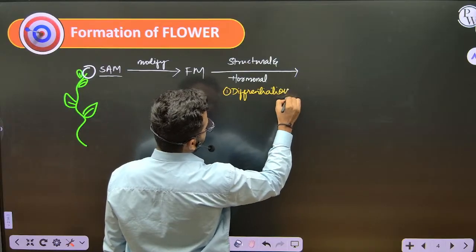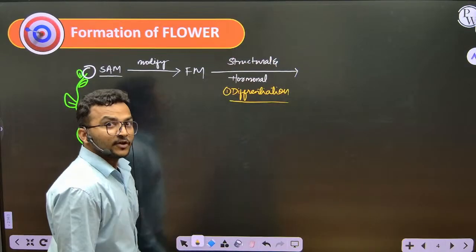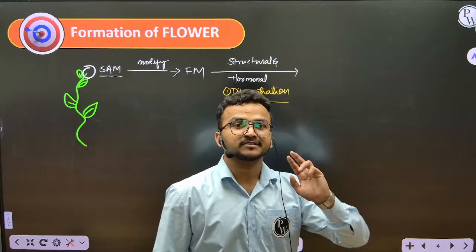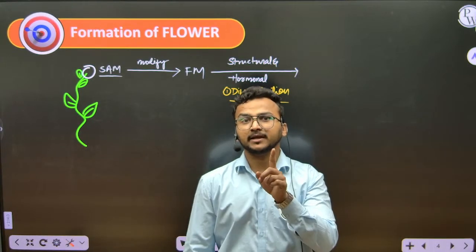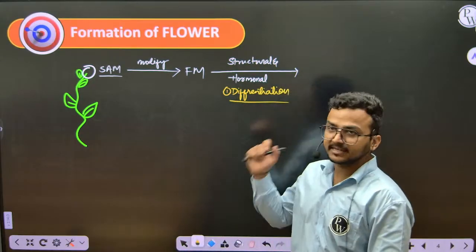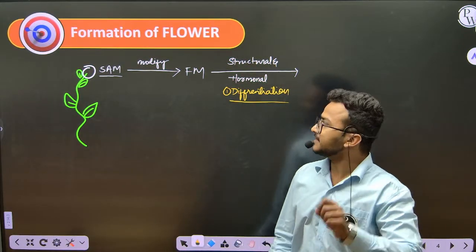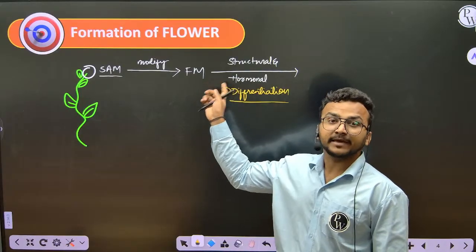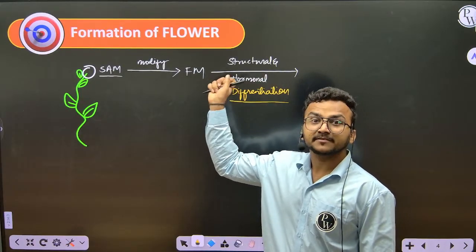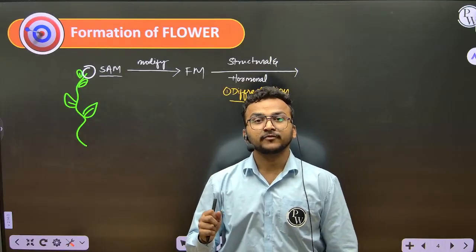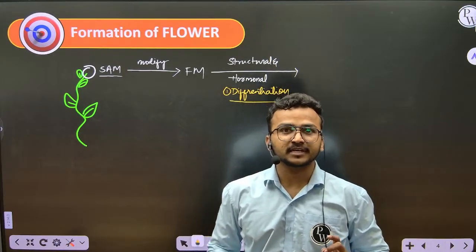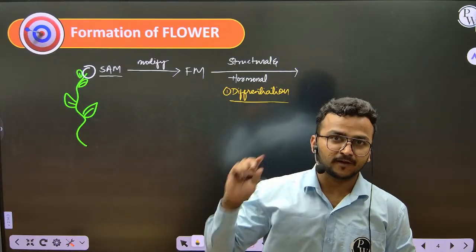So differentiation means what? You already know about these things because in 11th standard, in the plant growth and development topic, you learned about differentiation. Differentiation in the sense the cells which are meristematic, which are showing the capability of division, will lose the capacity of division to perform a specific function there.